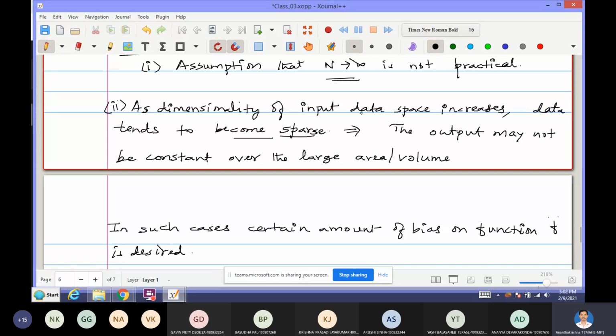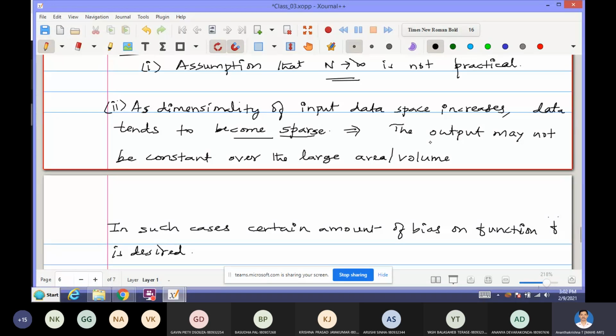If it is a p-dimensional data space with p large, then the data points in that dimension will be sitting far apart. There will be a lot of vacancy in that volume or in that space. So the output may not be constant over such a large area.